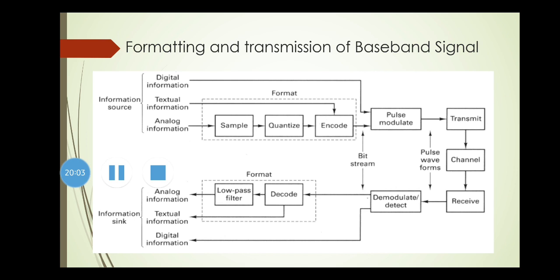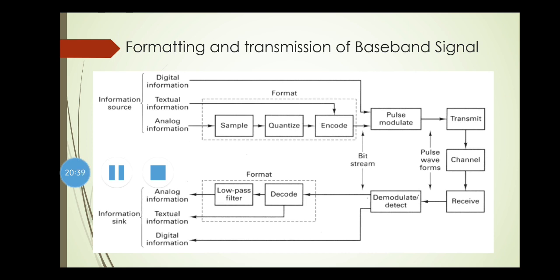After demodulation or detection, if it is digital information, we directly extract it back as a digital bit stream, and if it is textual information, we have to decode it back and get the textual information. And if it is analog information, the decoded bits have to be low pass filtered and converted back to an analog signal by making use of a D2A converter, and then we get the output as analog information.